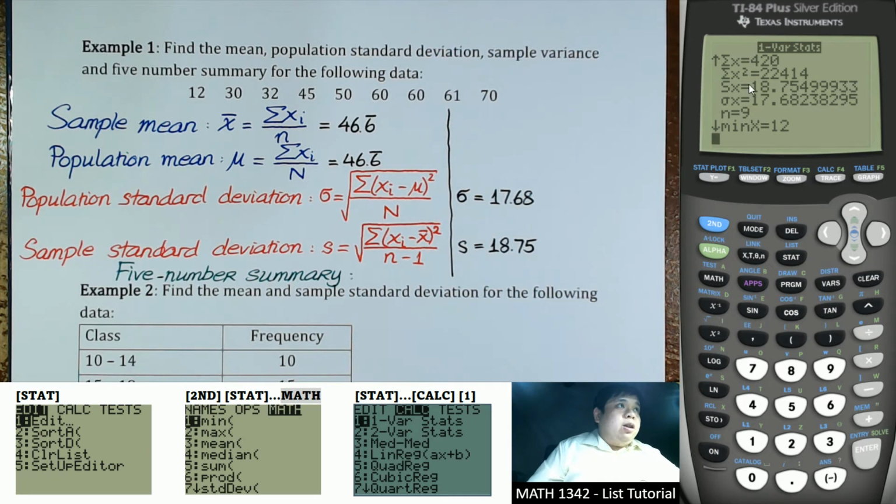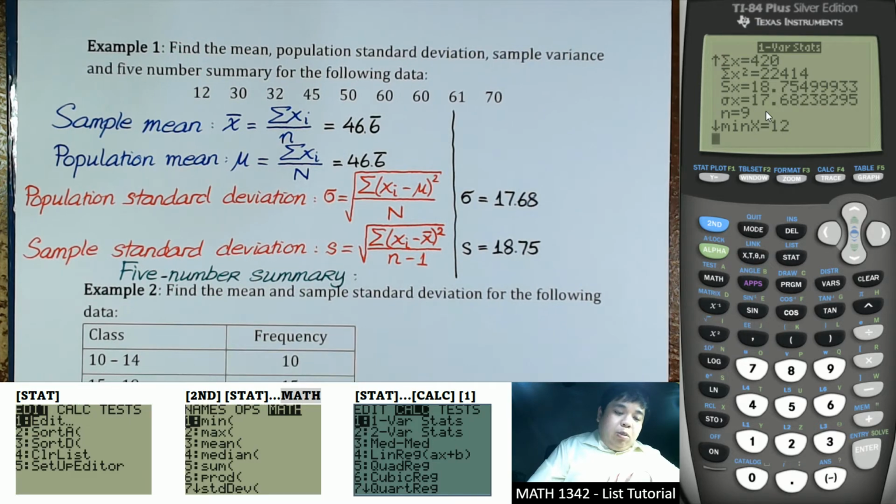So the Greek letters are for population. Sigma is the population standard deviation, and S is the sample standard deviation.